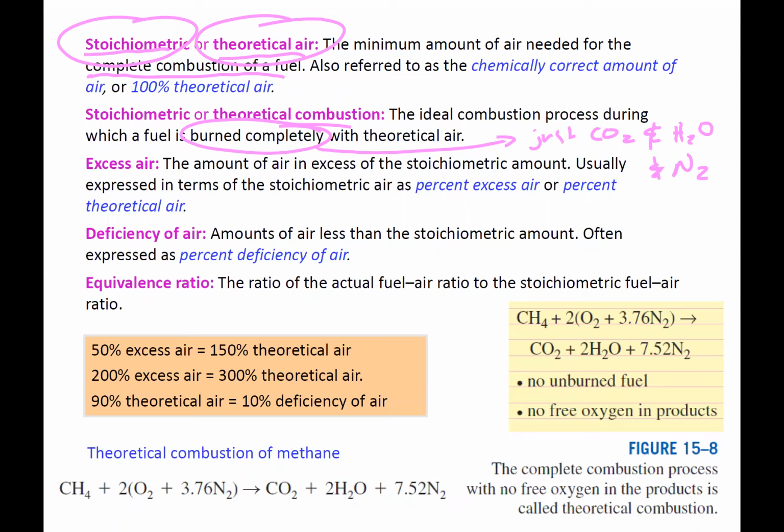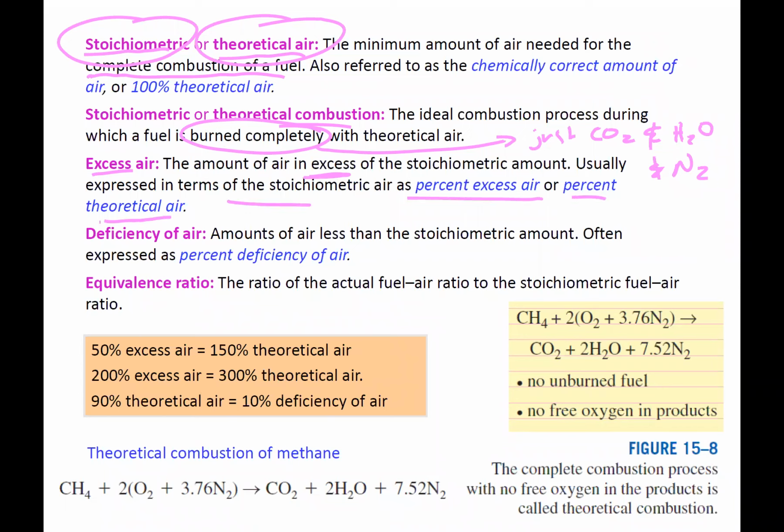Now if you have excess air, you're giving that fuel a little bit more air, just to make sure all that fuel finds air. You're giving more than you need, more than that stoichiometric or theoretical amount. This could be termed percent excess air or percent theoretical air.